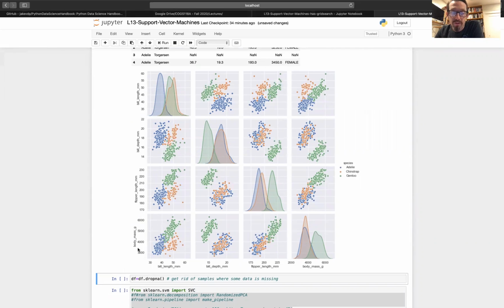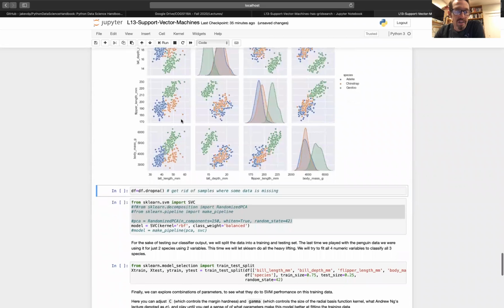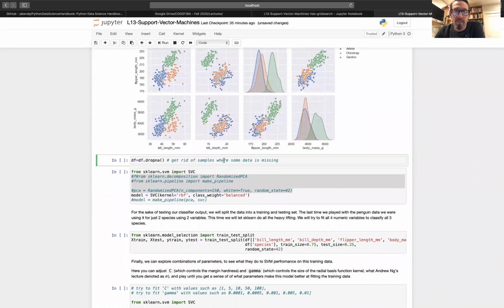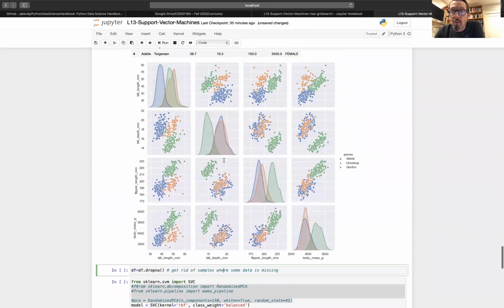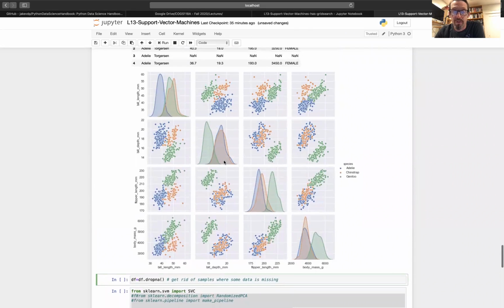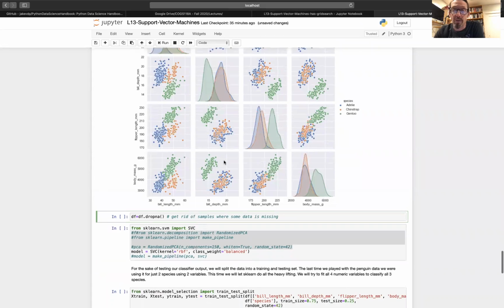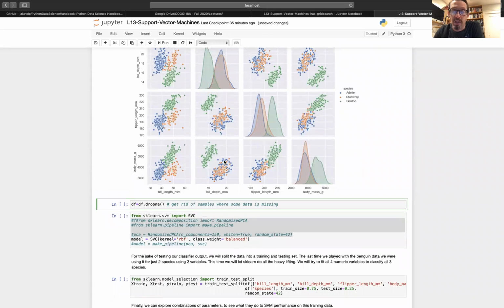And we have measurements again, which include body mass, flipper length, bill depth, which is this direction, and bill length, which is that direction. We're going to use all 4 of those numeric variables and all 3 of those categories, and we're going to fit a support vector machine that's going to try to fit those 3 categories from those 4 numeric variables.